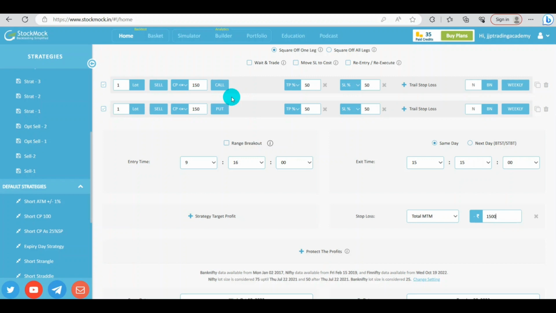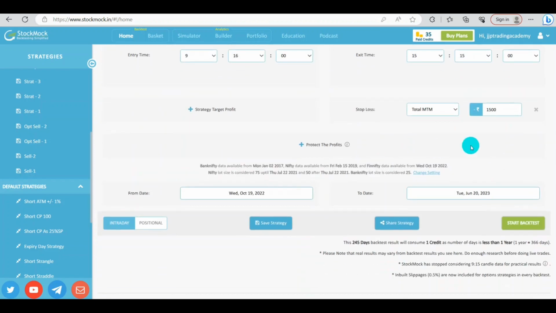If you are working with both option selling, call option as well as put option entered here, once both positions are running, you just need to exit your position if the max loss of the strategy exceeds 1500. Then you can give the condition here, the strategy stop loss point, as 1500. That's all. Okay.